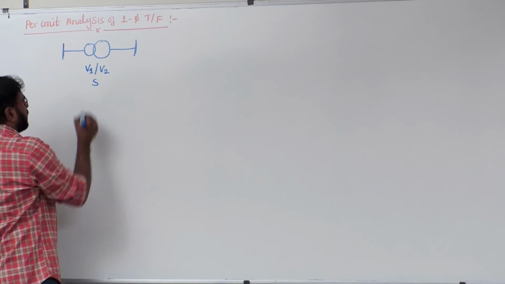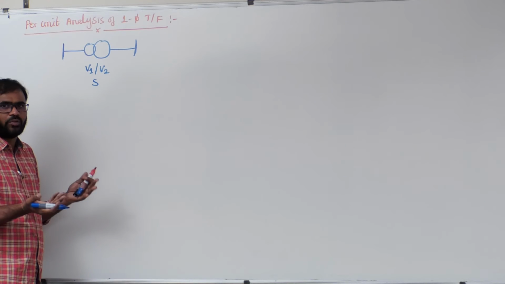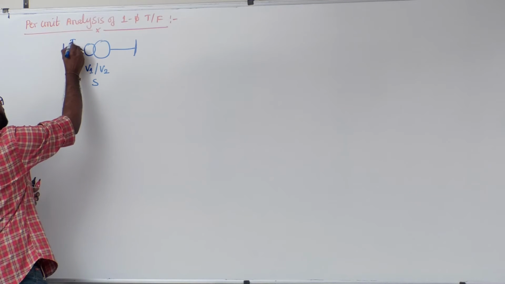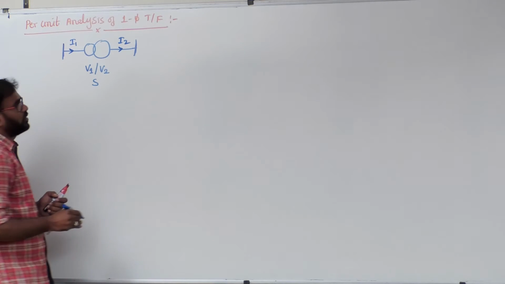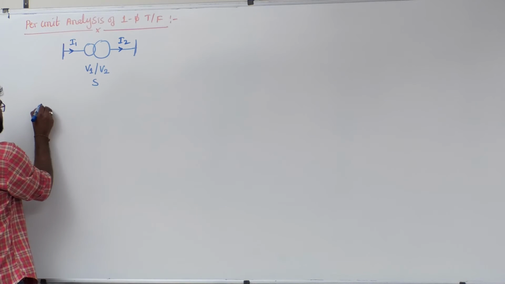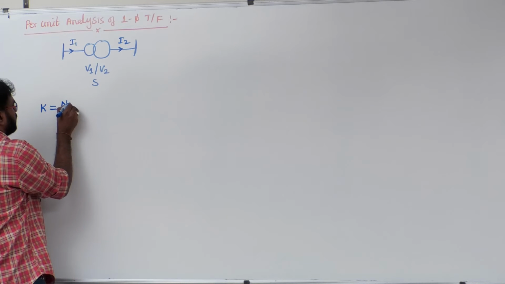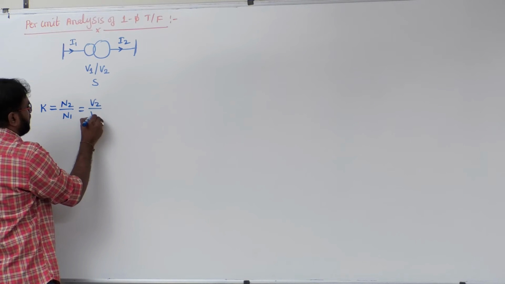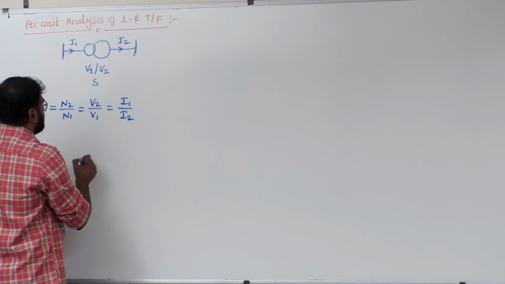Then apparent power rating or volt ampere rating or kVA rating or MVA rating, whatever it may be, that is S. If that is the case, I can calculate what is I1 and what is I2. Clear? And we can define the transformation ratio, sir. Transformation ratio is K. We know that N2 by N1, that is also written as V2 by V1, that is also written as I1 by I2.